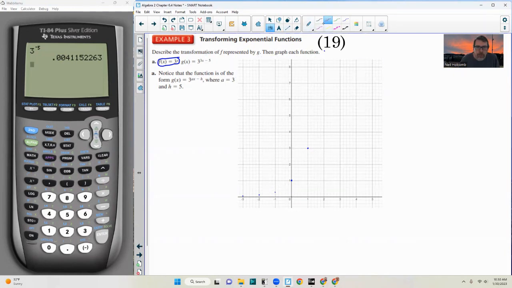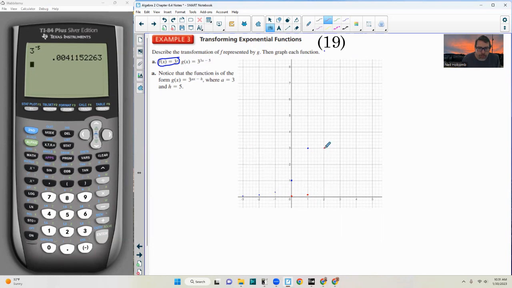If I plugged in a 1, that'd be 3 to the 3 minus 5, or 3 to the negative 2, which is 1/9. So it's still not very high at 1. It's right here. And then if I plug in a 2, that'd be 3 to the 6 minus 5, which is 3 to the 1, or 3.